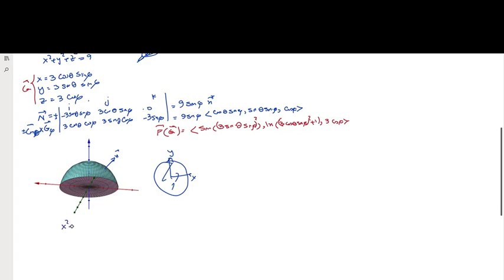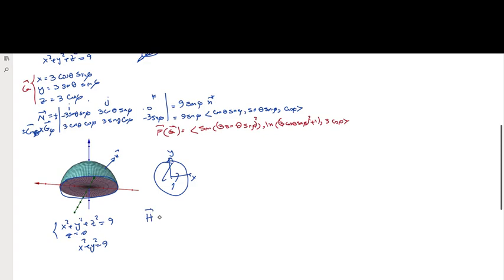The circle around the disk is the intersection of the sphere with z equal to 0, which is just x squared plus y squared equal to 9, and therefore the disk can be parameterized.